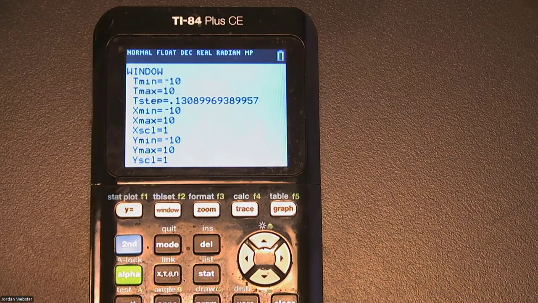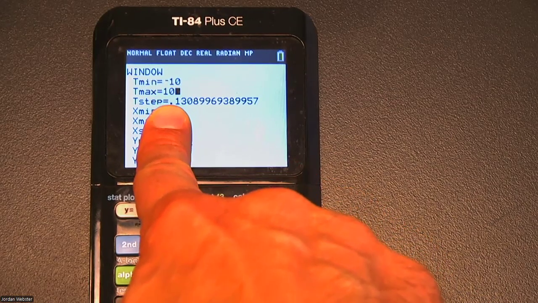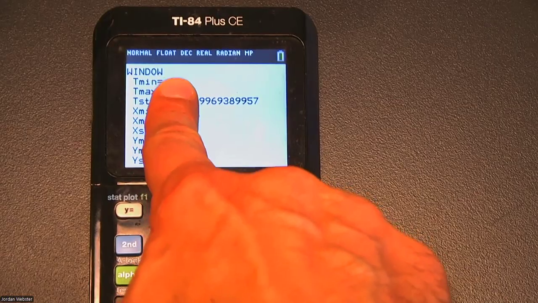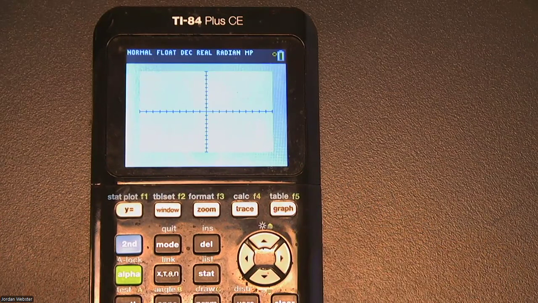So this is something to watch out for when you're graphing. Sometimes they'll start you out with 0 to 2 pi, and if you want negative t values, or t values bigger than 2 pi, you have to change the window.